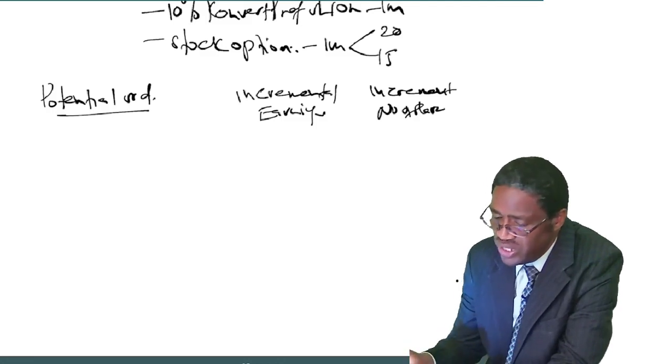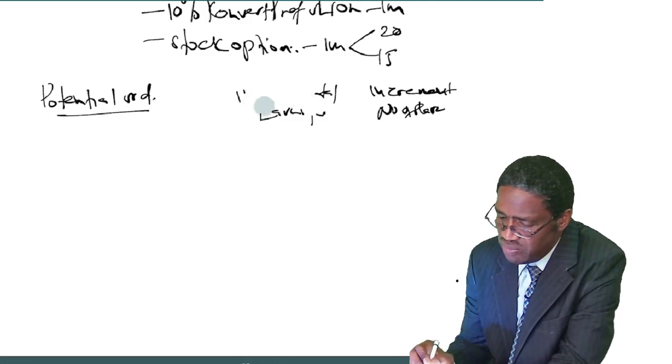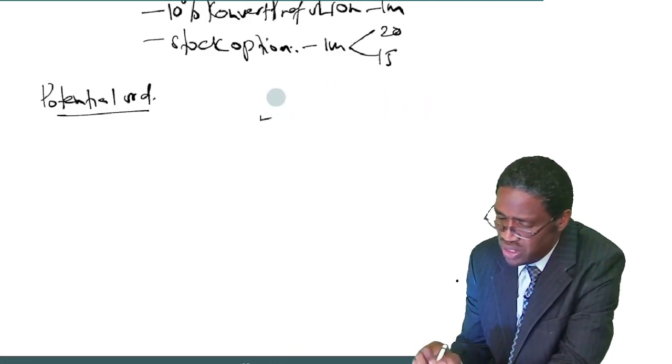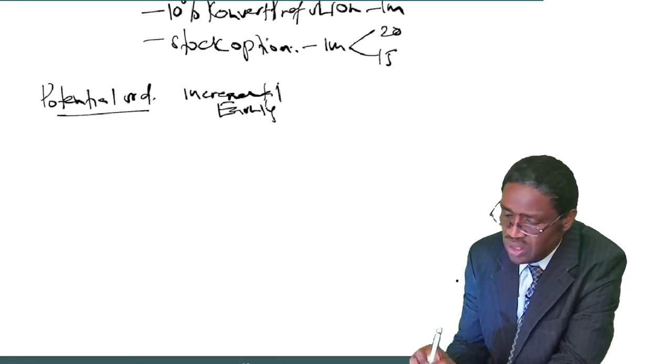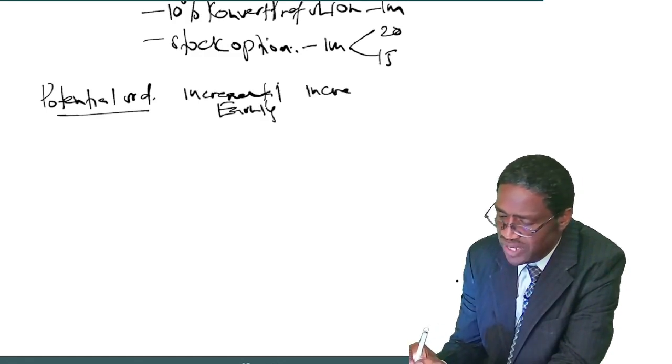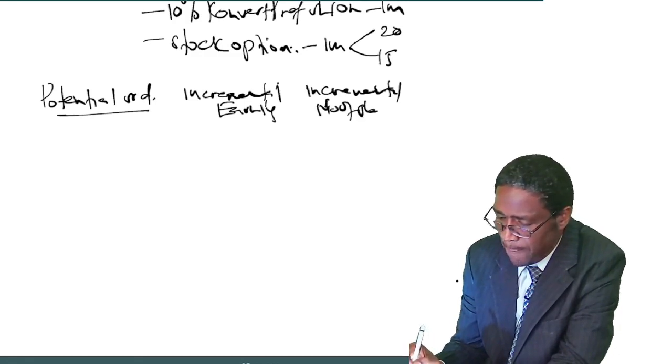The other column you will need, let me squeeze so that I create enough space. I have already said you will need a column called incremental earnings. You will need another column called incremental number of shares.